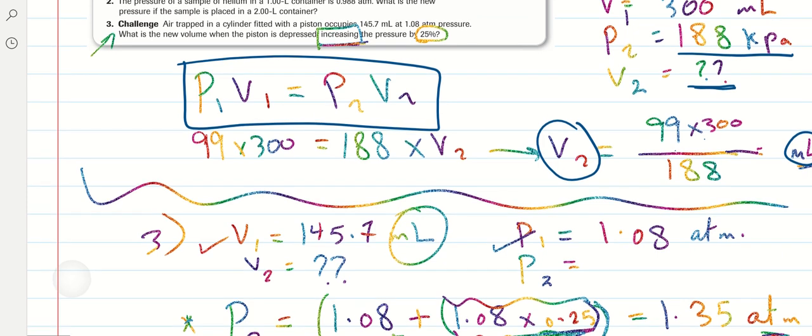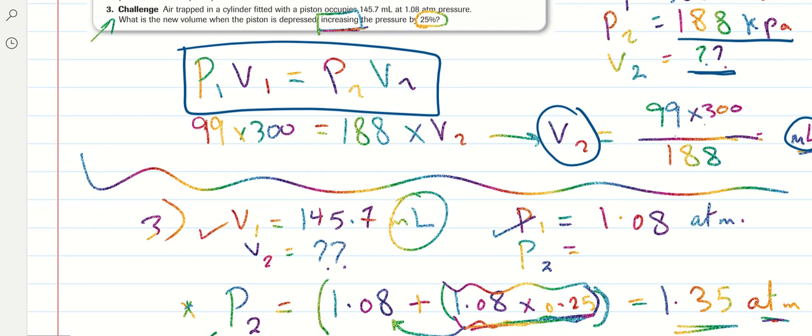Read with me. The challenging question says, the cylinder fitted with a piston occupies 145.7 milliliter at 1.08 atmospheric pressure. What is the new volume of the piston if the piston is depressed, increasing the pressure by 25%?